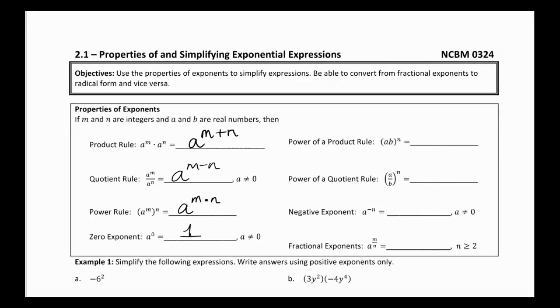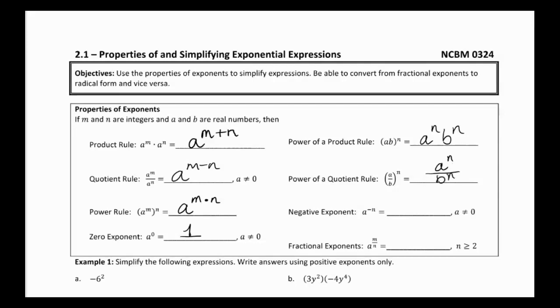For a power of a product rule, we have a times b to the n power. The n is going to distribute to both of my bases, so a to the n times b to the n. For a power of a quotient rule, we have a over b to the n power. So this is going to be a to the n over b to the n.